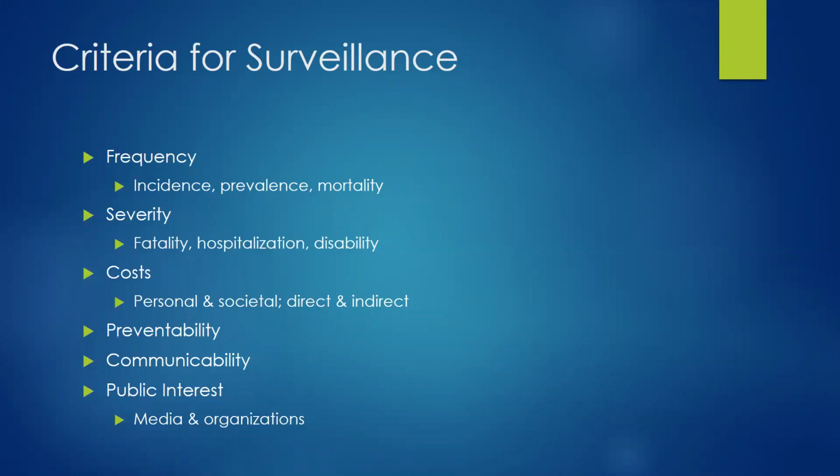And then finally, public interest can actually play a large role. So even if something is not particularly severe or costly, or if we don't have a clear prevention strategy, but it's really of interest to the public, and media or other organizations or government officials are involved or interested in it, then it might end up making it to the list of things that we conduct surveillance on.